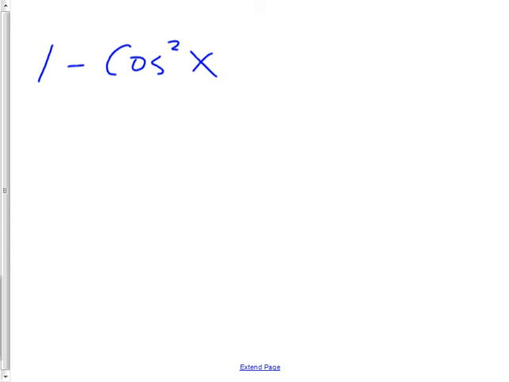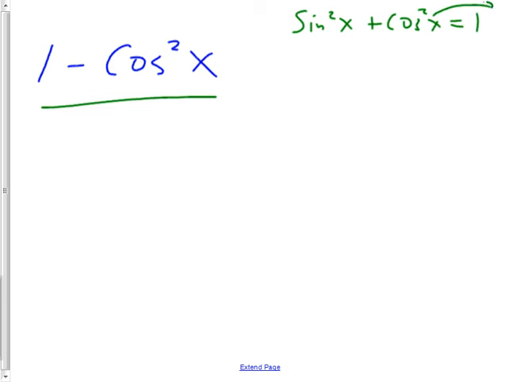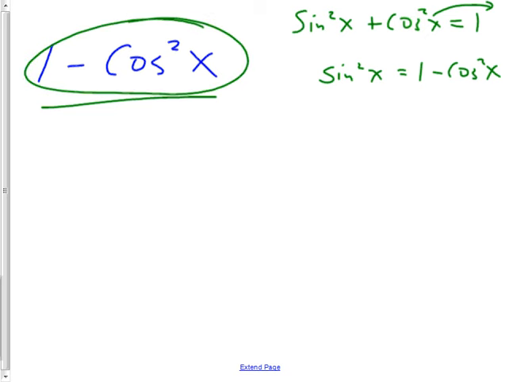So in this case, the identity is sine squared plus cosine squared is equal to 1. And so now I can say to myself, how could I rearrange that to be the same as this? If I just move this cosine to the other side, then I have sine squared x is equal to 1 minus cosine squared x.